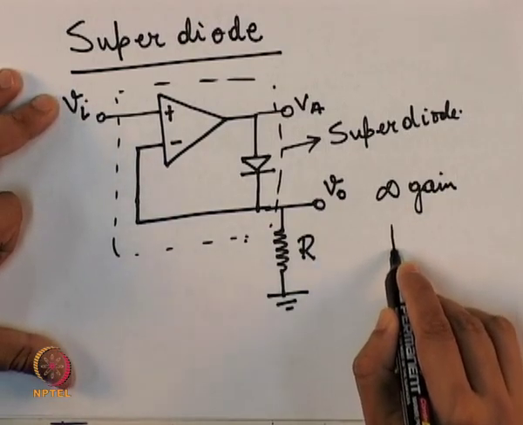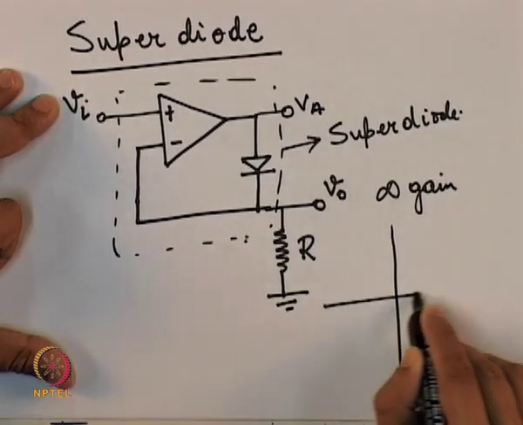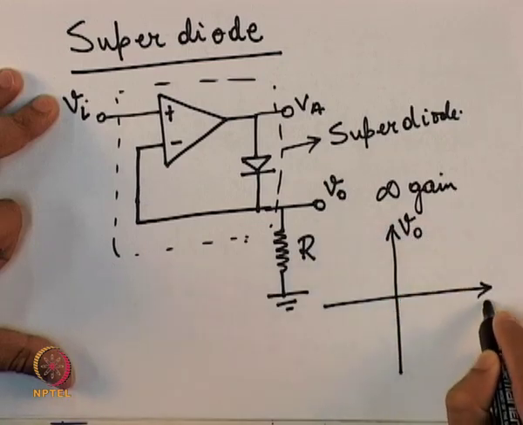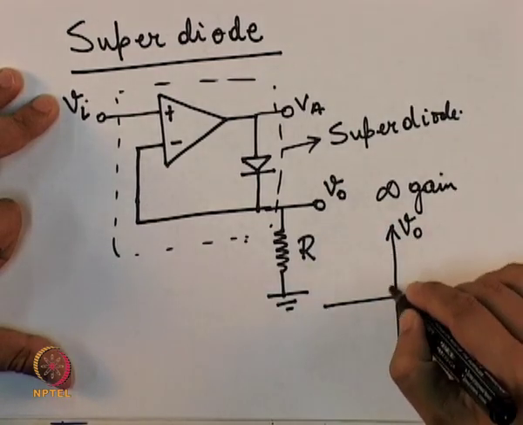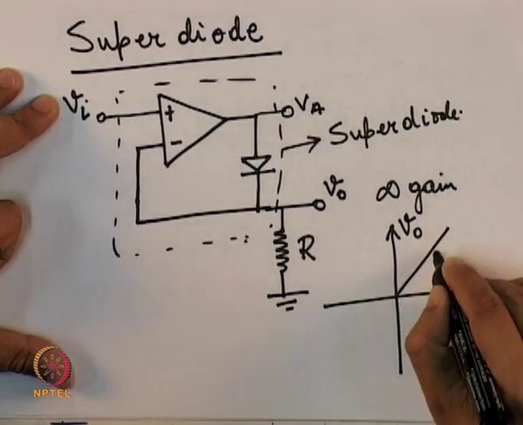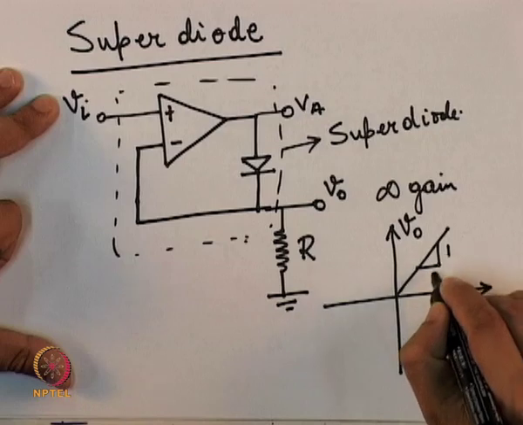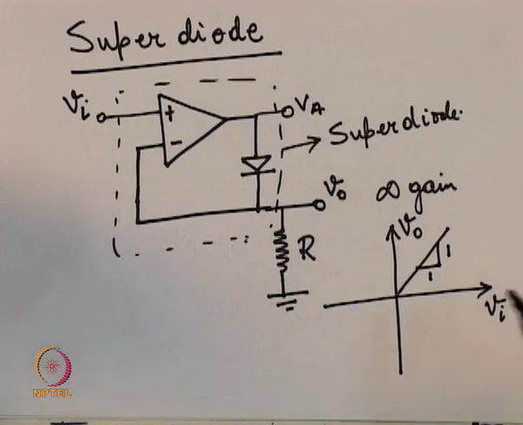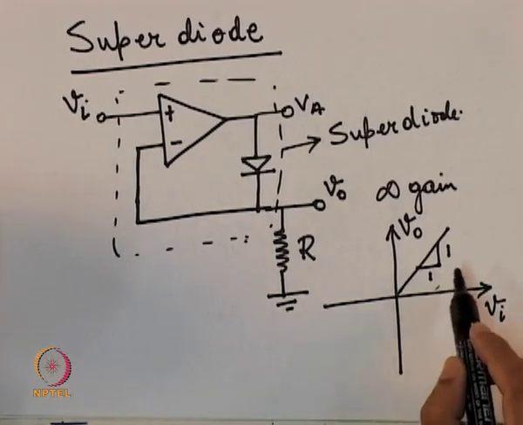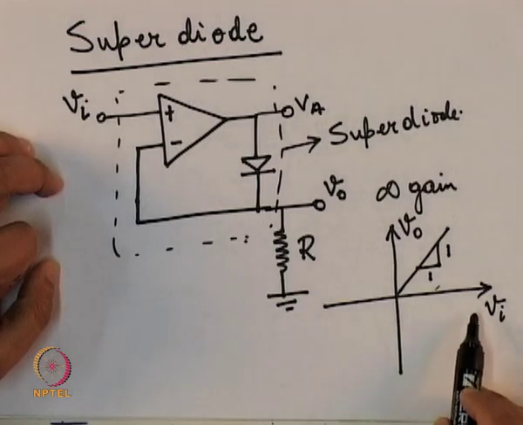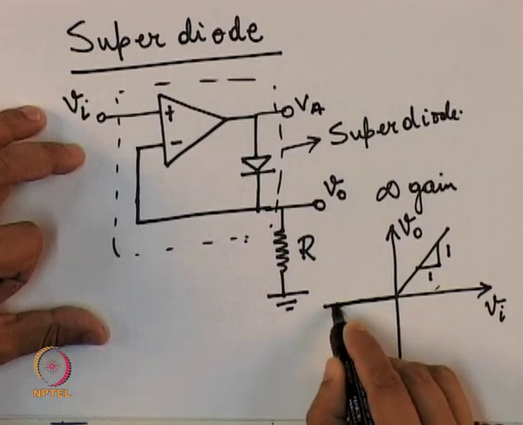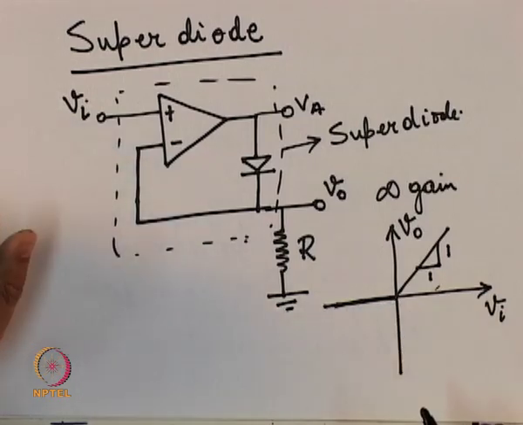So, if I try to draw the Vi versus Vo curve, it will be something like this. Okay. There will be a slope of 1. So, Vo will directly follow Vi whenever Vi is positive, and Vo will be 0 whenever Vi is negative.